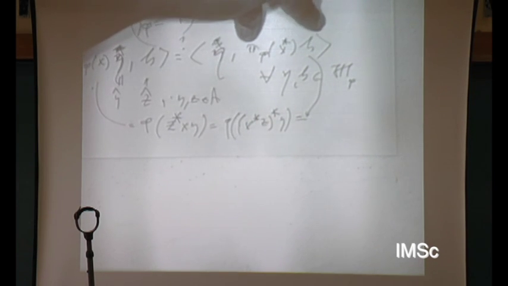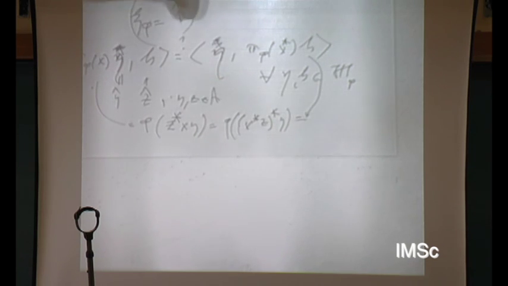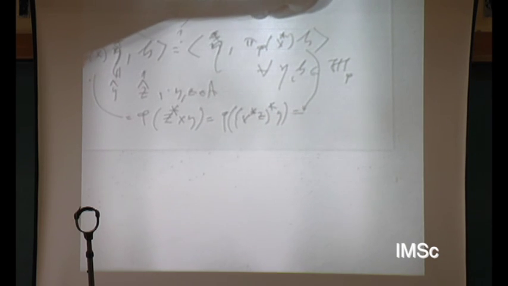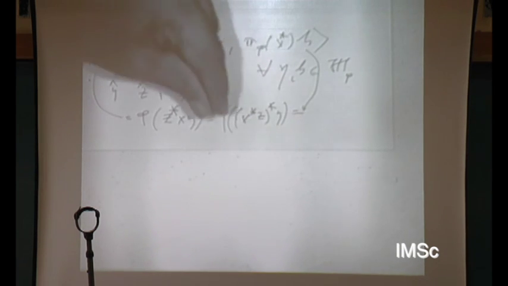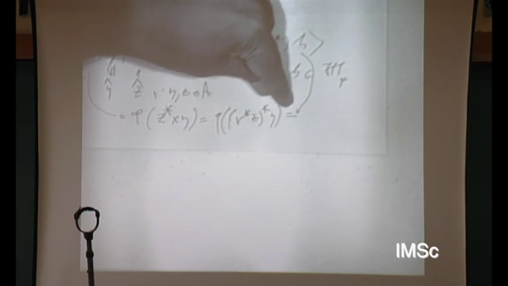The second vector is going to be x star z hat. So y hat inner product x star z hat, which is going to be phi of the adjoint of x star z times y.